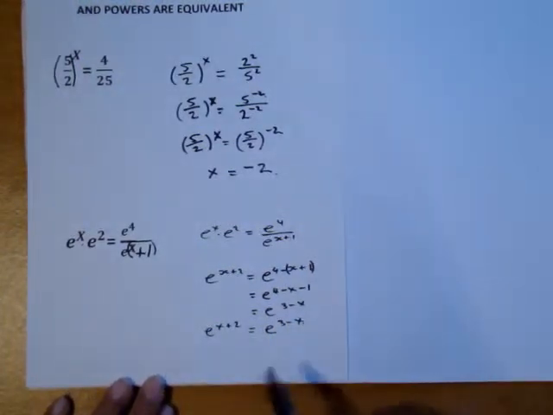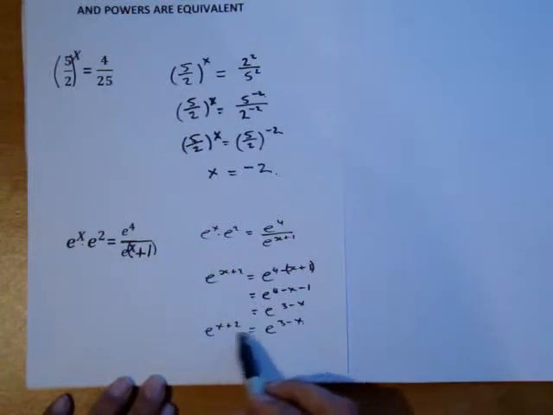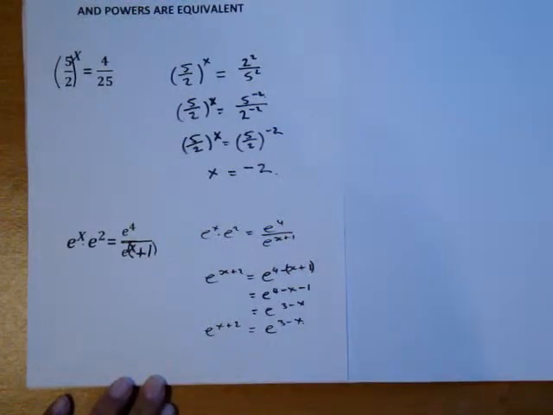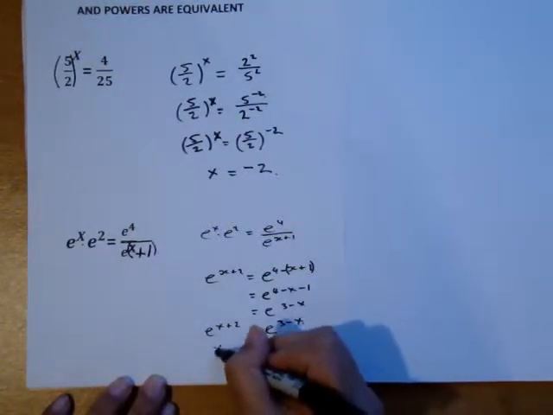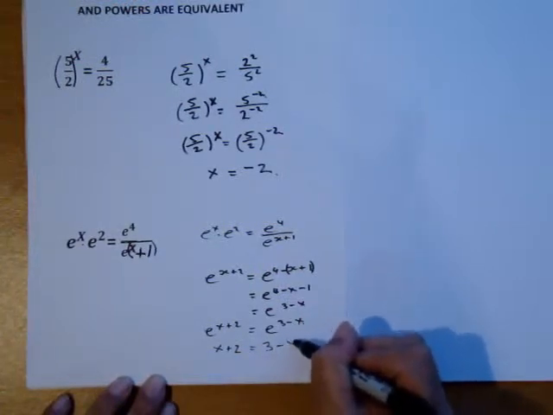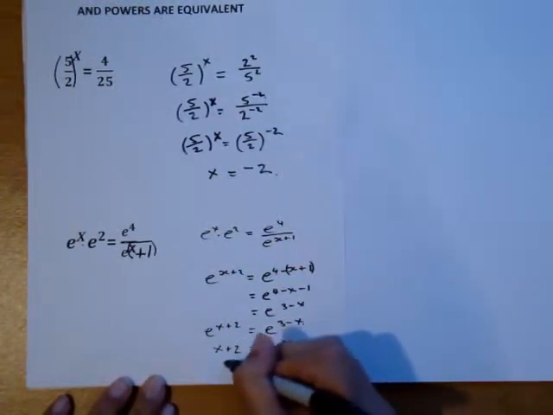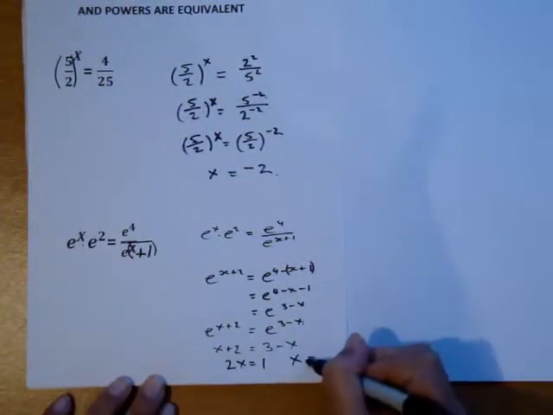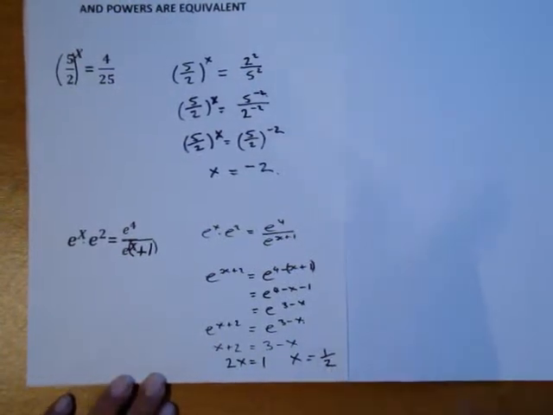Because we've got e on both sides, the powers are equivalent, so that's x plus 2 equals 3 minus x, 2x equals 1, and x equals a half.